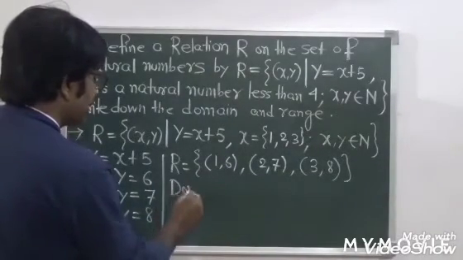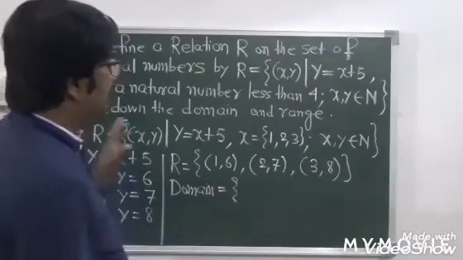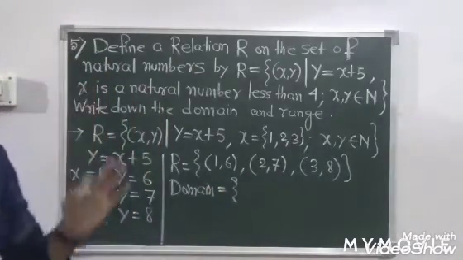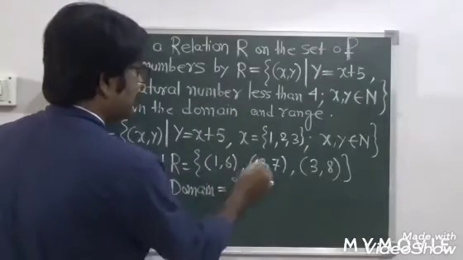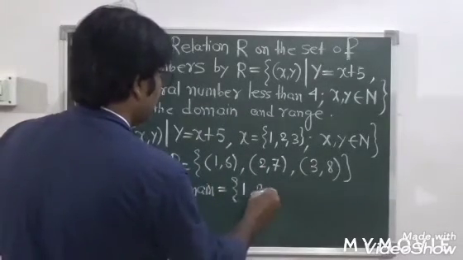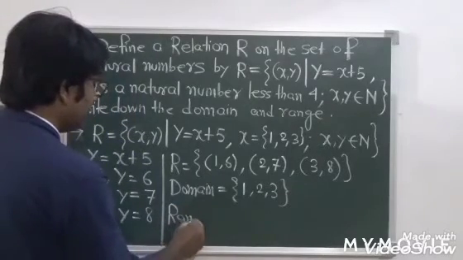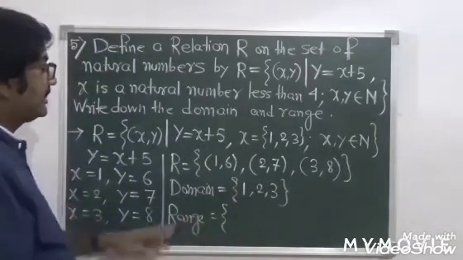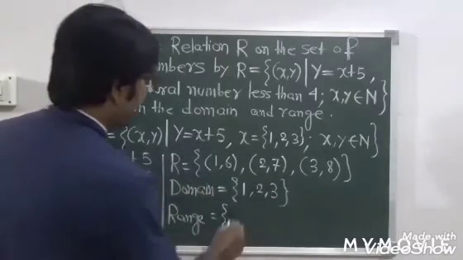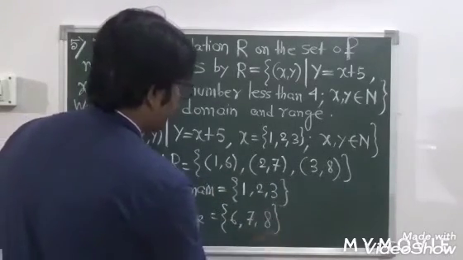The domain, as I told you, is all the first elements in the ordered pairs of the relation, that is 1, 2 and 3. This is the domain, and the range is the set of all the second elements in the ordered pairs of the relation: 6, 7 and 8.